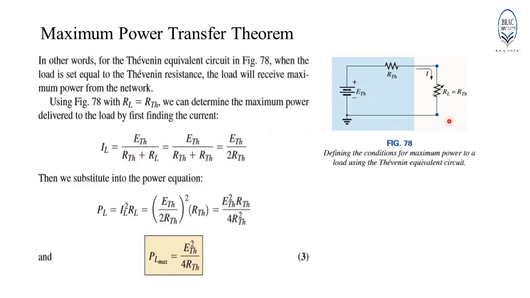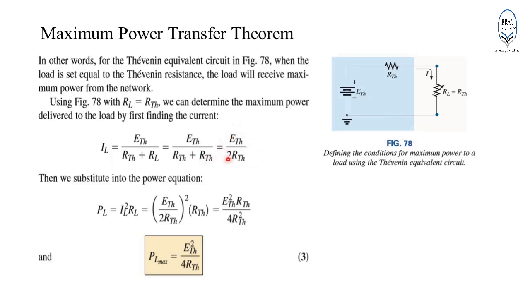Now, from experiments, it has been found that RL will receive maximum power when the value of RL is equal to the value of RThevenin. Hence, if we substitute the value of RL as RThevenin in this expression, we will get that at maximum power delivery from the network, IL will be equal to EThevenin divided by 2 RThevenin.